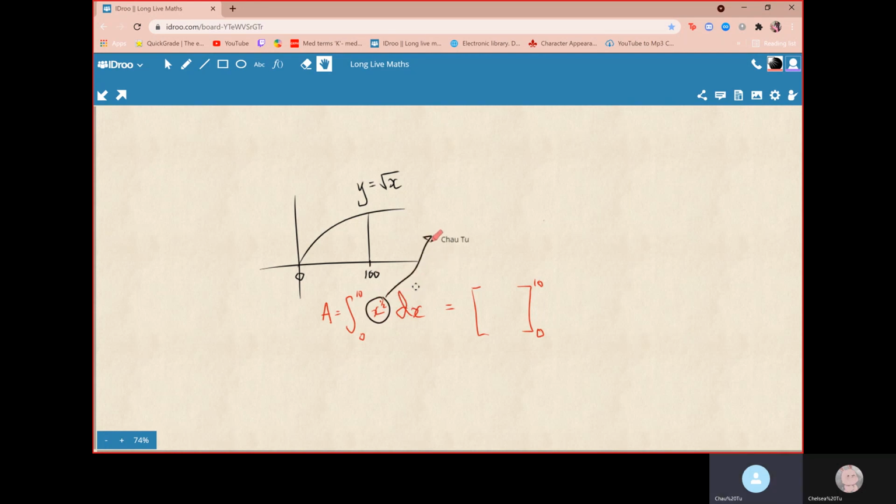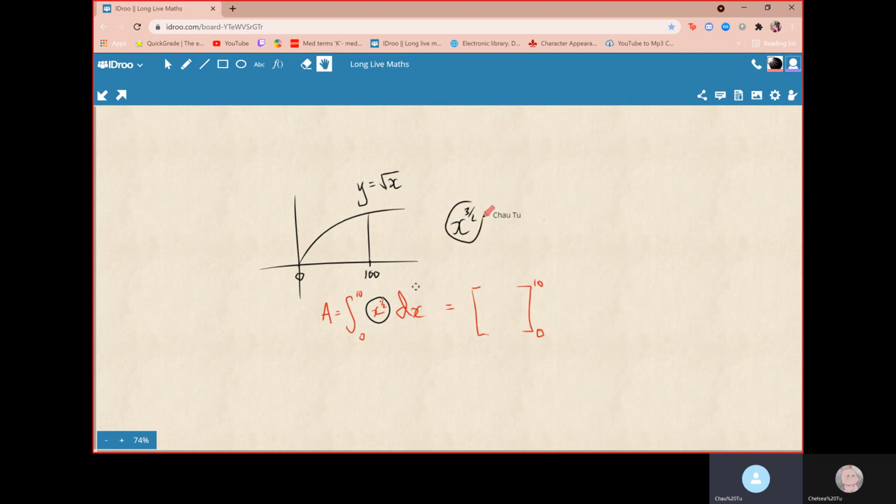So what's your initial guess? It's got to be one more than a half, because when you differentiate it, it's going to be one less. So x to the power of what? 3 over 2. Yeah.